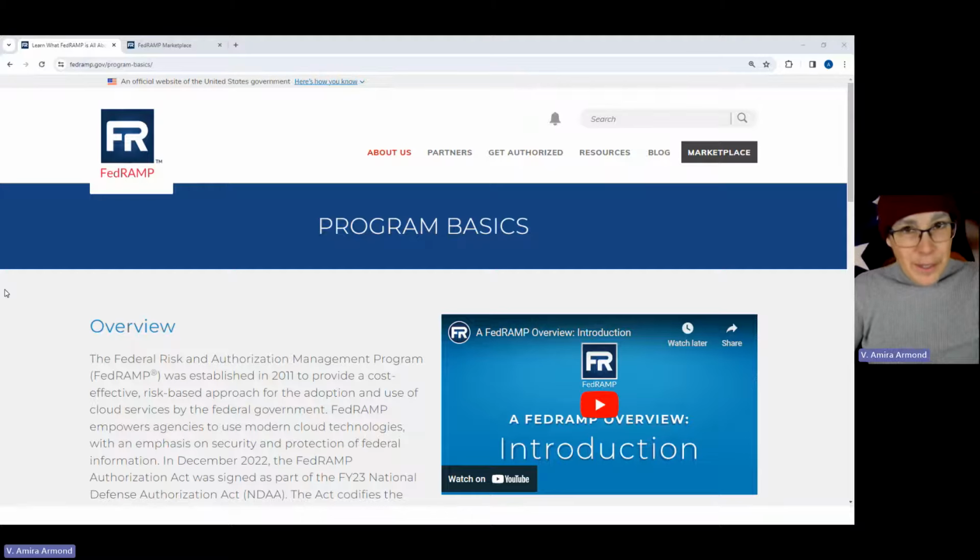Okay, so now we need to figure out what FedRAMP means. FedRAMP stands for the Federal Risk and Authorization Management Program. And in layman's terms, it is a step-by-step process that cloud services can go through in order to be verified acceptable for the federal government to use them.